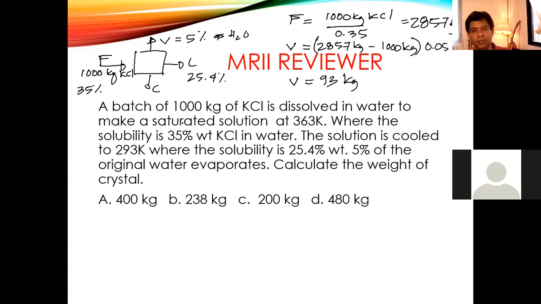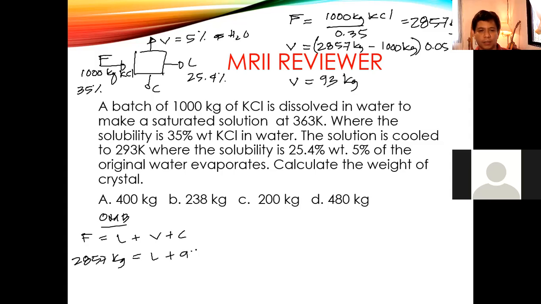After that, you can proceed with the overall mass balance. So when we do the overall mass balance, F is equal to L plus B plus C. Our F, for example, is 2,857. L is unknown. B is 93. It's better if you do not round up, to be more exact, but since it's multiple choice, I round up. The options are far apart, so it won't affect the final answer.